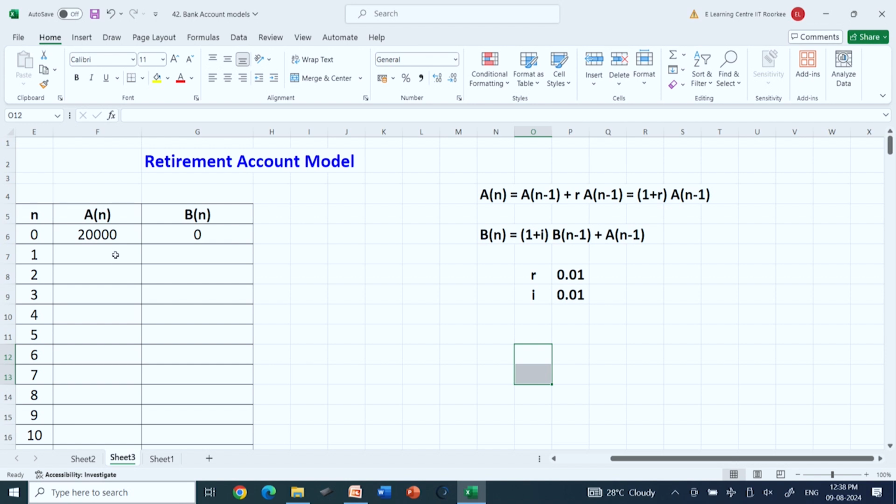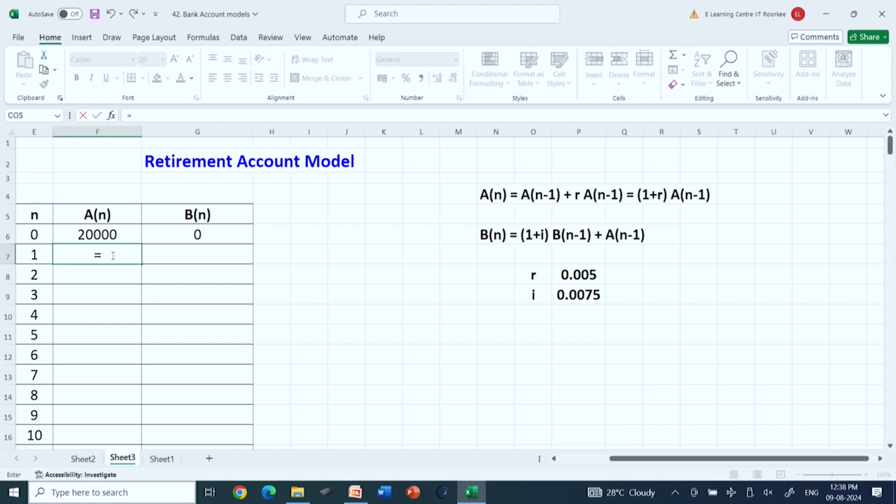So, let us first calculate this An, which is equal to (1+r), which is a constant, multiplied by A0, which is this value, and you get the value.